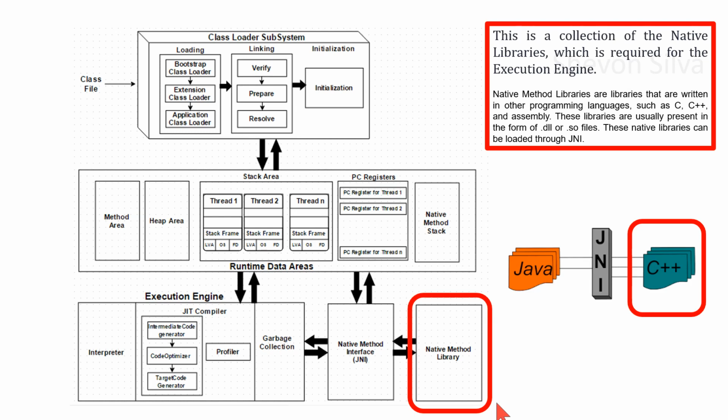These libraries are usually present in the form of .dll or .so files. These native libraries can be loaded through JNI. In this diagram you can see the JNI is here, the C++ native libraries are here, and the Java code is here. They communicate through JNI.